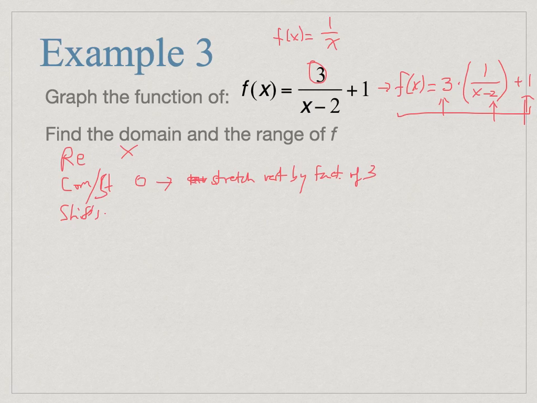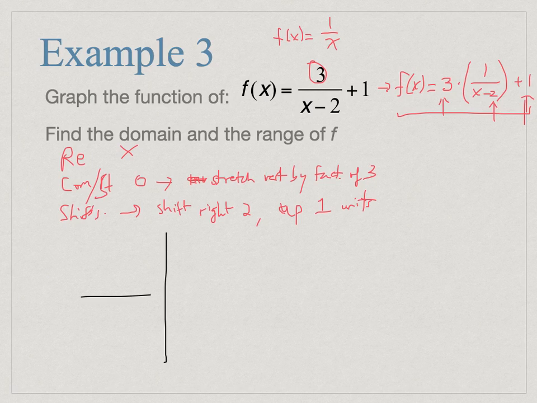So for every f of x unit from my original, I'm going to multiply that by 3. And then I'm going to shift it right 2 units, and then shift up 1 unit. All right, so let's go ahead and graph this.